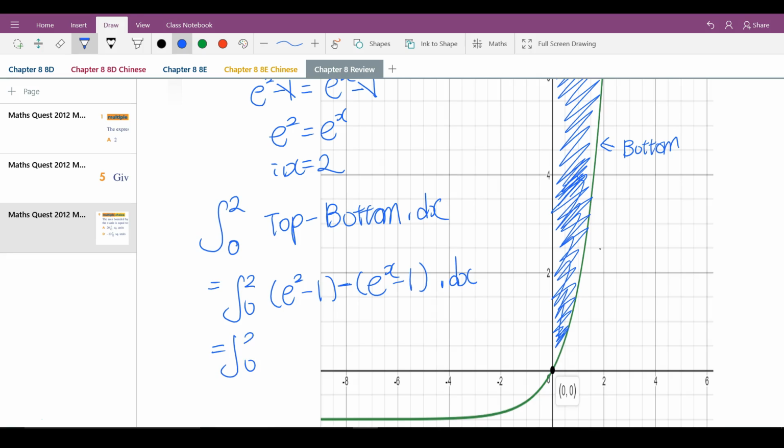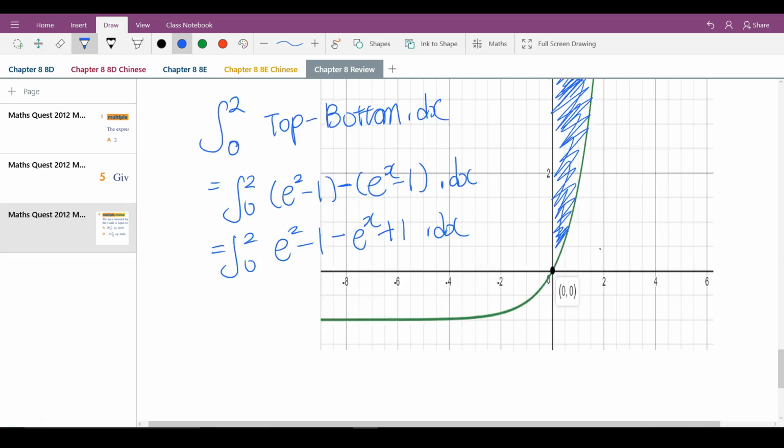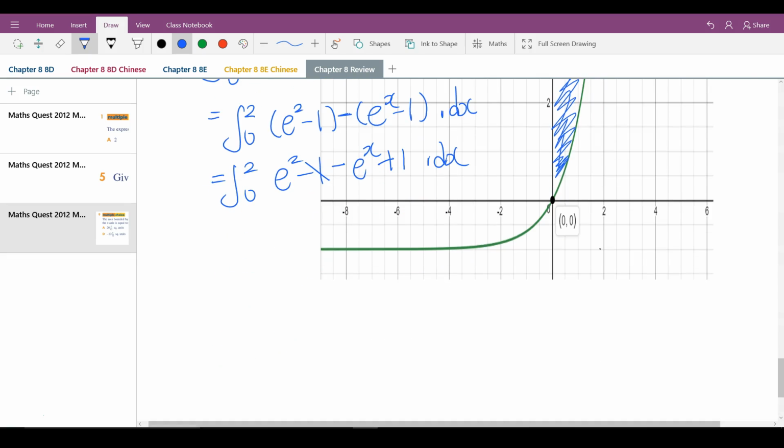Let's expand the brackets: e^2 minus 1 minus e^x plus 1. Now the minus 1 and plus 1 cancel out, leaving us with e^2 minus e^x, integrated with respect to x.